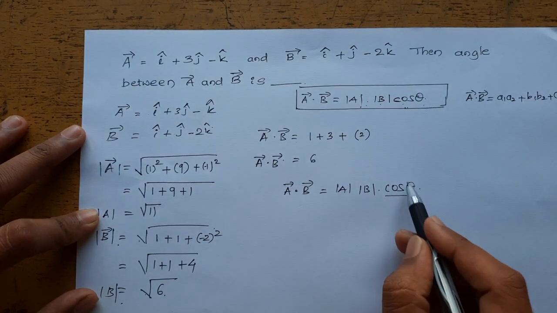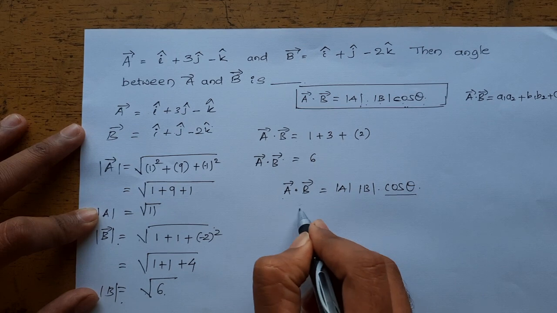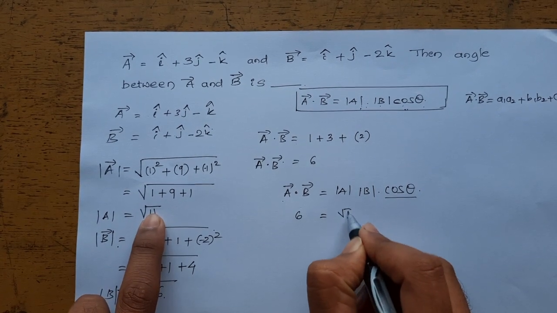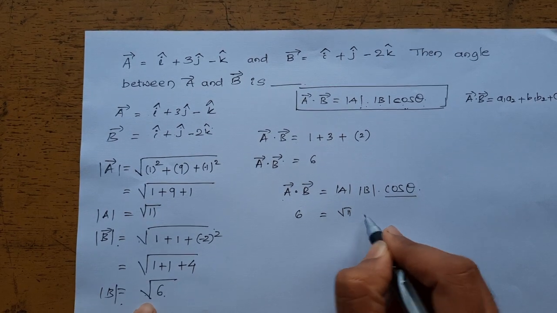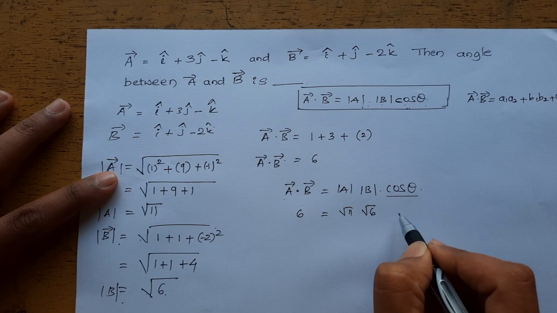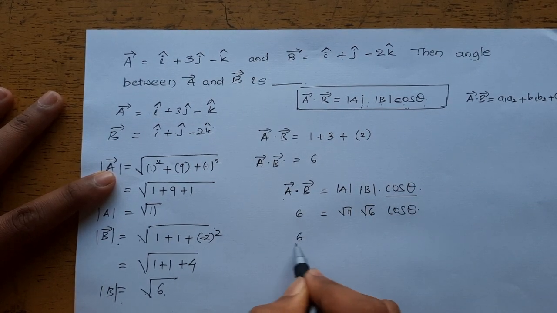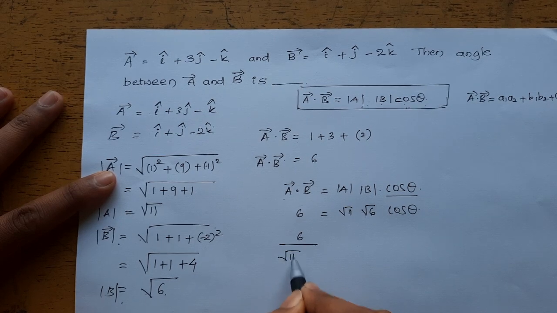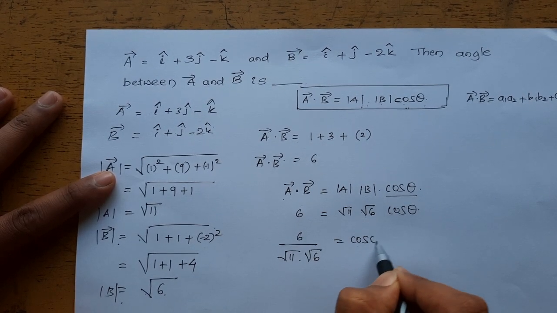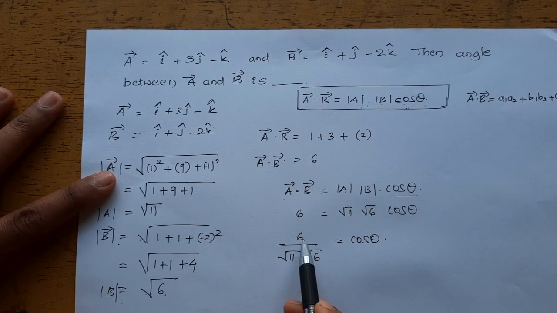So to find the angle between a and b, we have to find the cos theta value. a dot b is 6, mod a value is root 11, mod b value is root 6. Okay, now it is cos theta. If you take this here, it will be 6 divided by root 11 into root 6 is equal to cos theta.